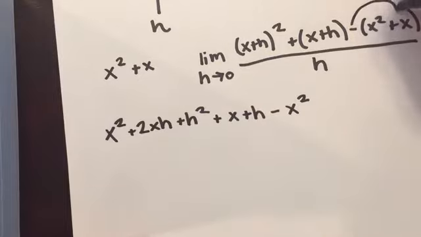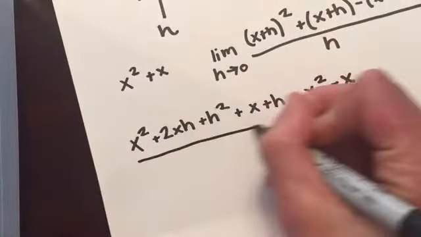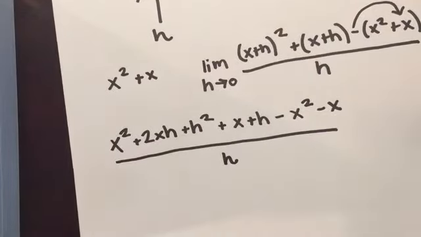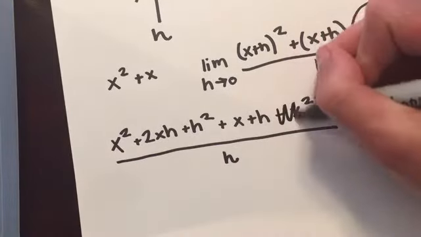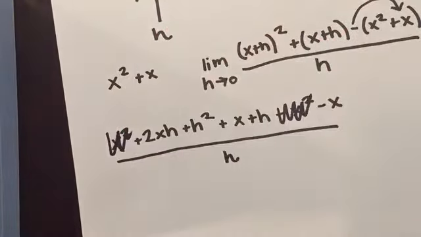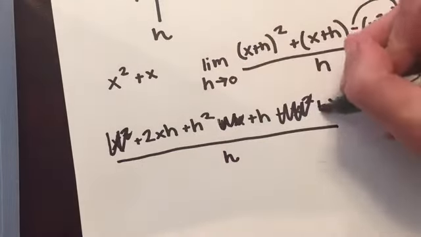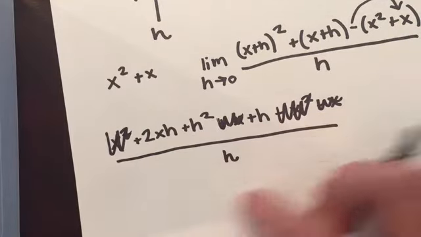Distributing this negative to this x makes this a negative x, all over h. So now we're going to cancel out what we can. So this negative x and this x will cancel out. And this negative x squared and this positive x squared will cancel out as well. So we are left with 2xh plus h squared plus h over h.